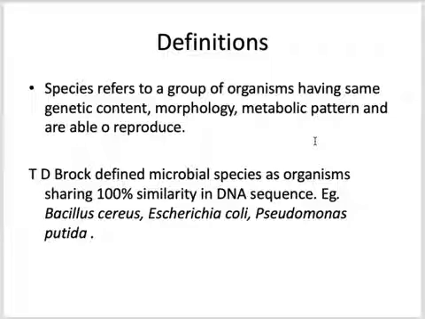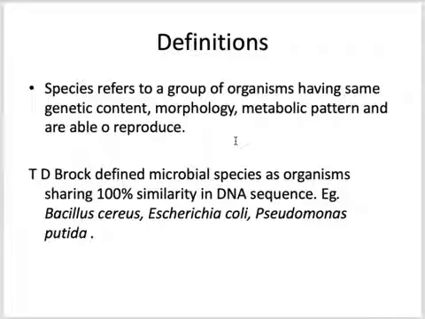who are able to reproduce. So why do you and I belong to the same species? Because we have similar genetic material, our morphology is similar, our metabolic pattern is similar, and we are able to reproduce. If organisms have similarity in these things, then we can say they belong to the same species.